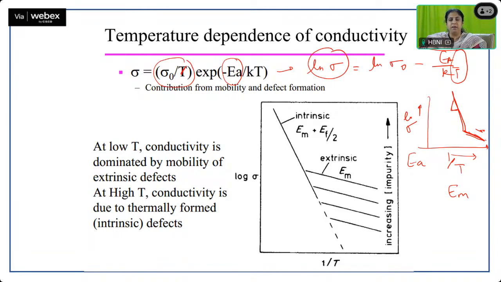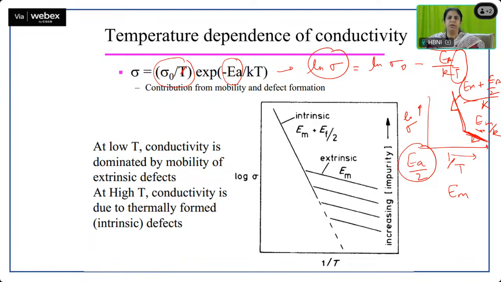You need energy to move NaCl from their sites. That energy that we derived yesterday is Ef by 2. So while this slope is Em by K, this particular slope is (Em plus Ef by 2) upon K. Hope you have understood all this.